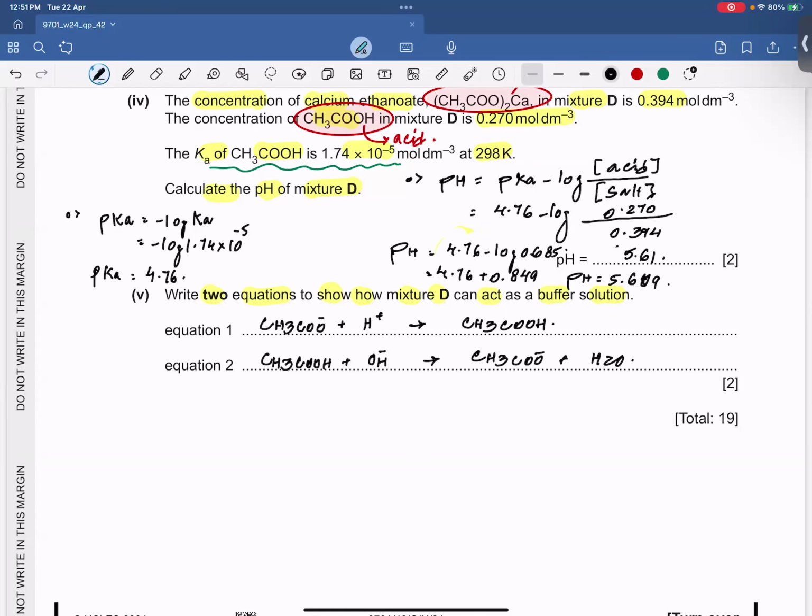Guys, let me check my values again. 0.270 divided by 0.394. I'm sure the answer will be right, but 0.685. So minus log of the answer, minus log 0.685, plus 4.76.